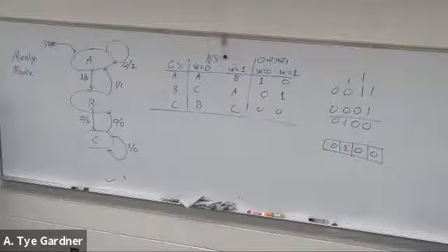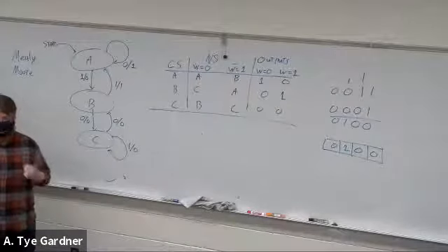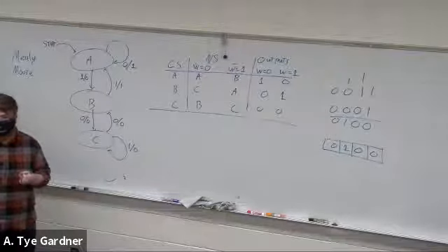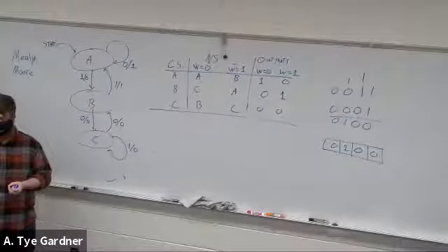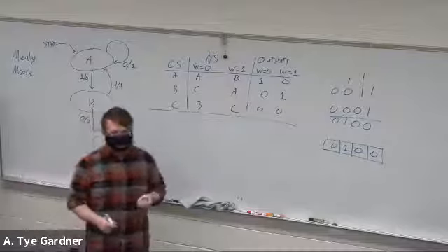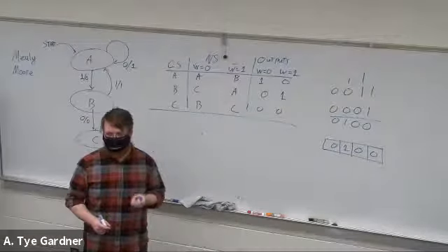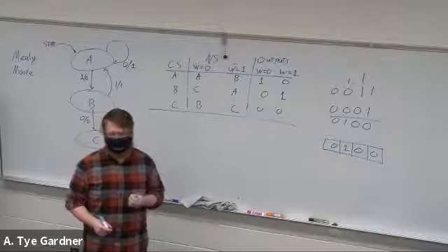Well, in the case of the Moore state machine, the outputs specifically don't care what the inputs are. They only care what state it's in. I'll say it a different way. The outputs do not depend on the inputs in a Moore state machine, only on the state that you're in.